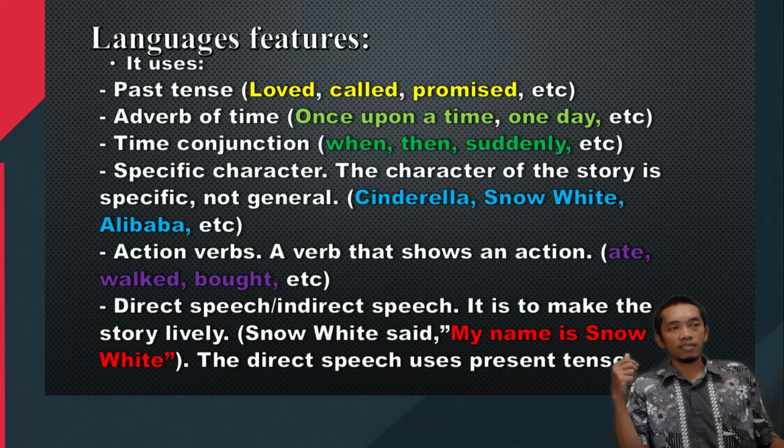In narrative text, we should talk about specific characters, not general ones. For example, Cinderella, Snow White, Alibaba, and Nestor, and etc. It also uses action verbs, verbs that show an action: ate, walked, bought, flight, and etc. It uses direct and indirect speech.